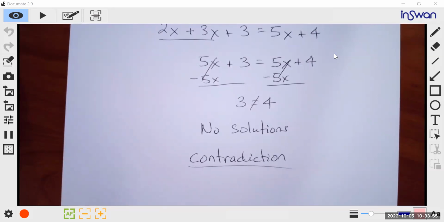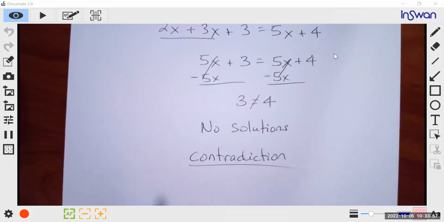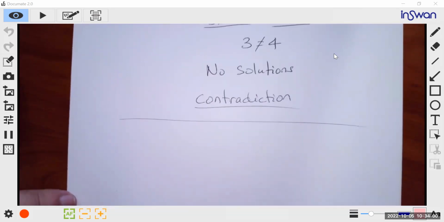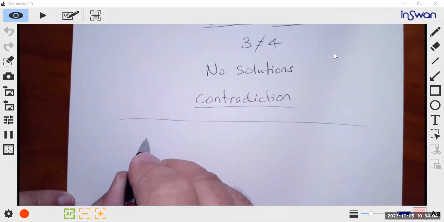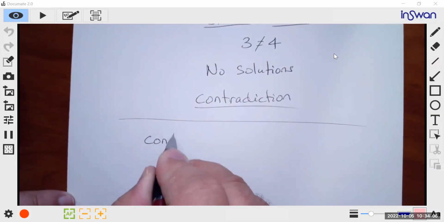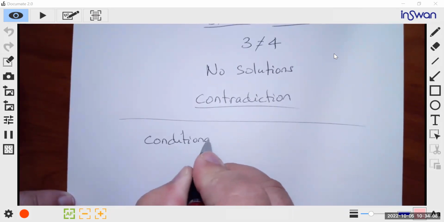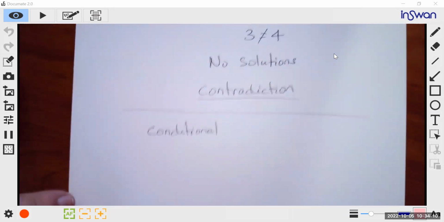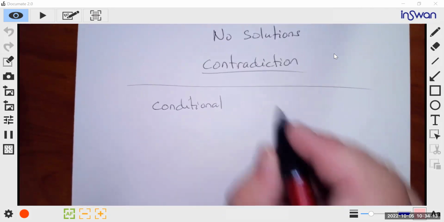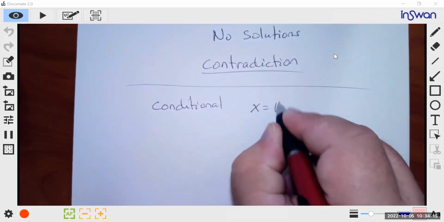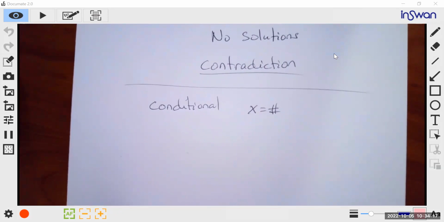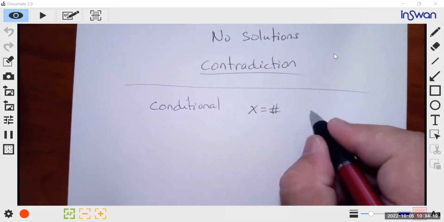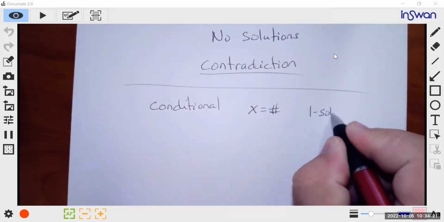So what are the 3 possibilities? If they're equal, they're called what? They're called conditional. That's when x equals a number. You have one solution.